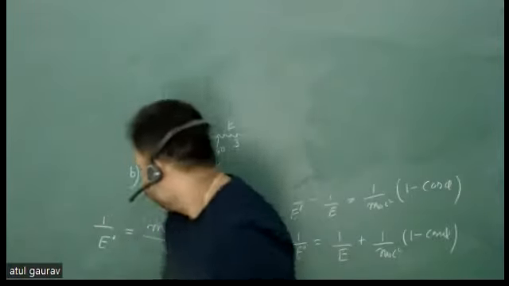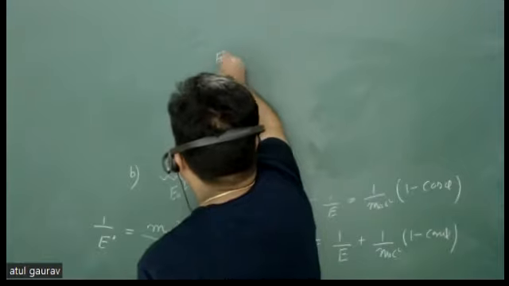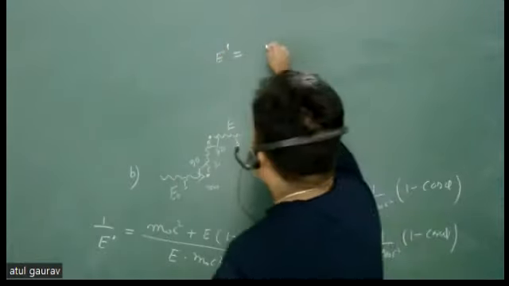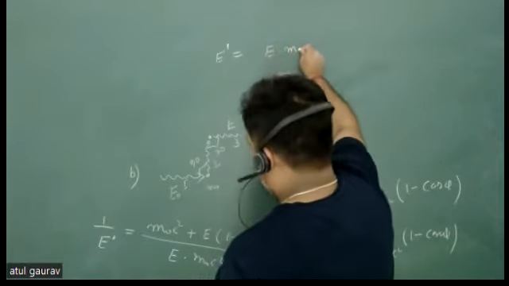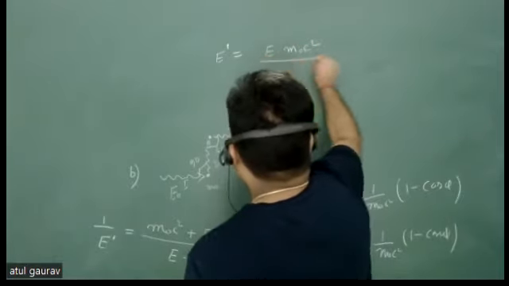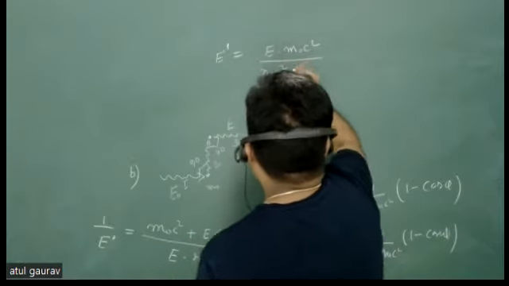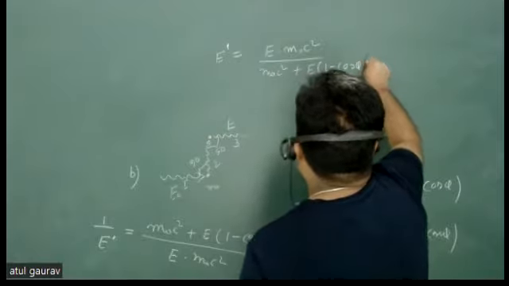Okay. So what we have, we can write E dash equals E into m naught c square upon m naught c square plus E times 1 minus cos phi.